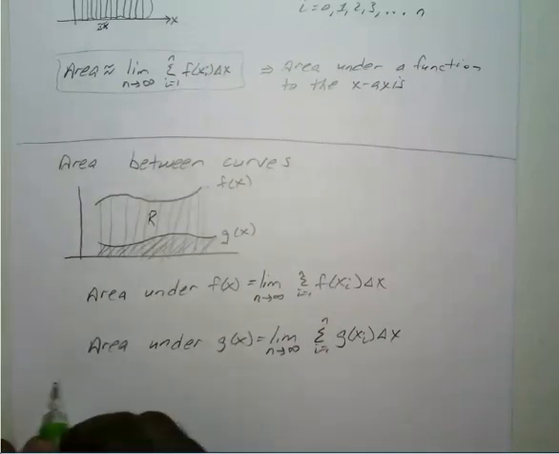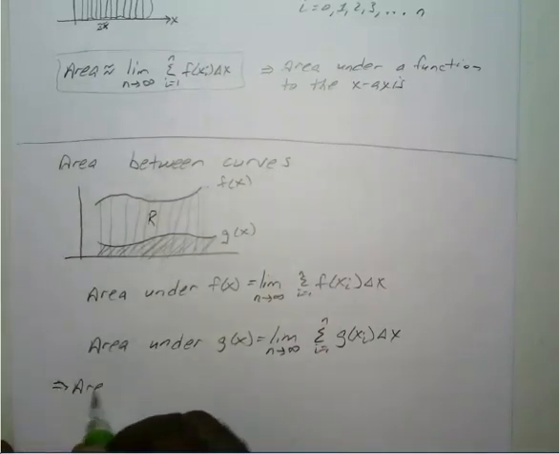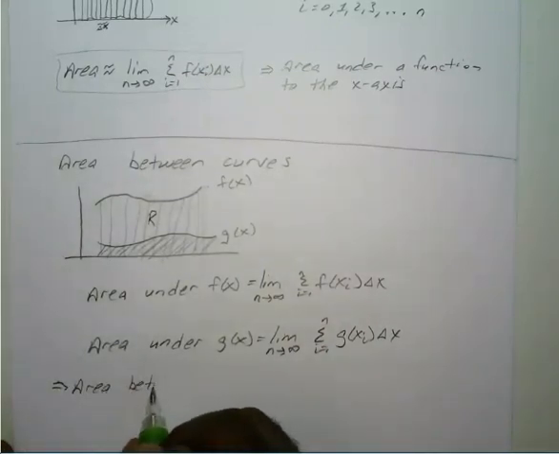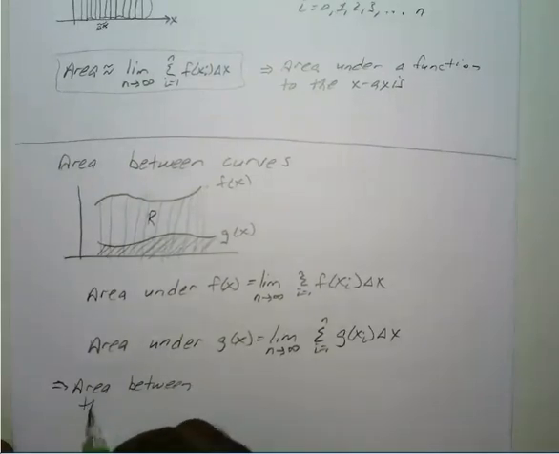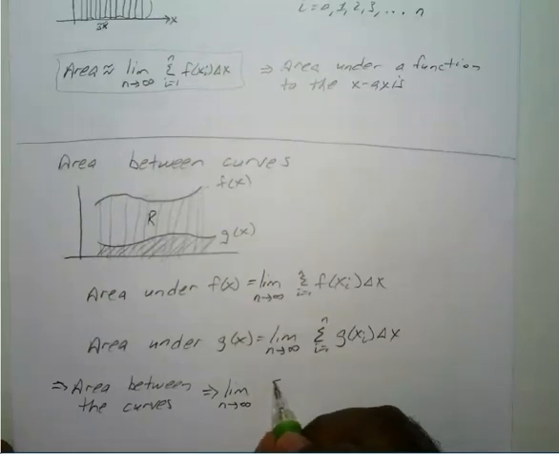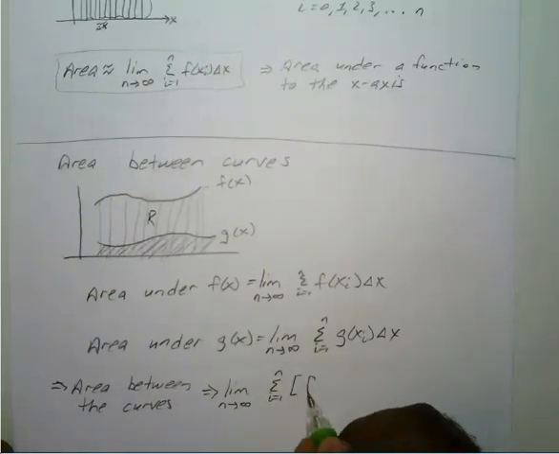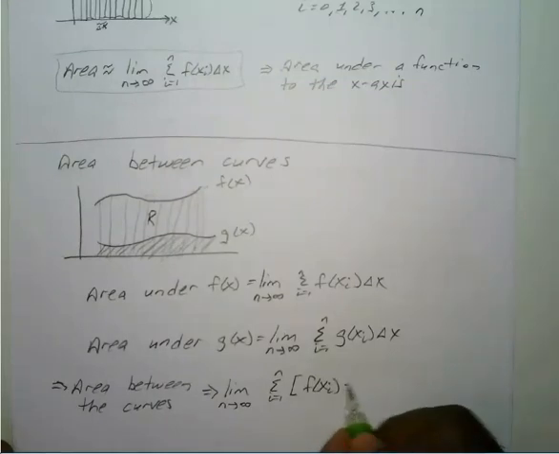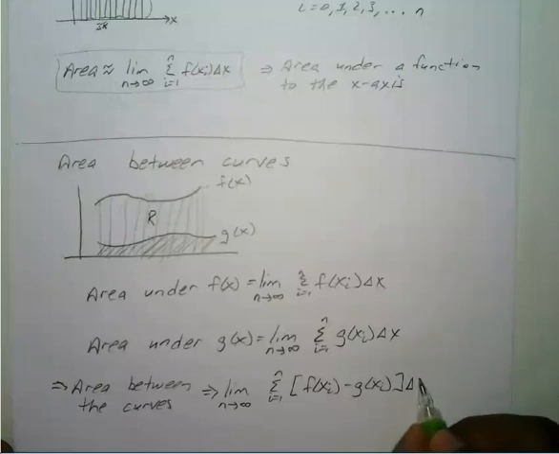Now the area between the two is going to equal the limit as n approaches infinity of the sum from i equals 1 to n of f of x sub i minus g of x sub i, times delta x.